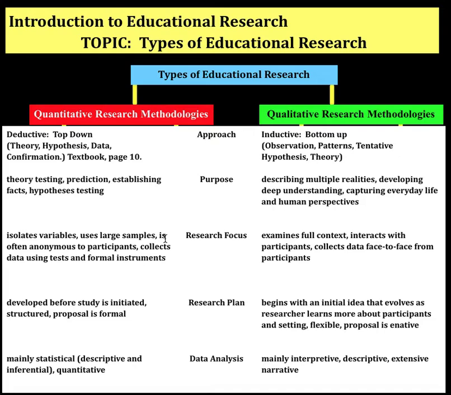It's developed and structured, the research process is laid out totally prior to doing the research, and the data is reported in terms of statistics, either descriptive or inferential. And again, the Bar Patron article that we read is a very good example of a quantitative research methodology.